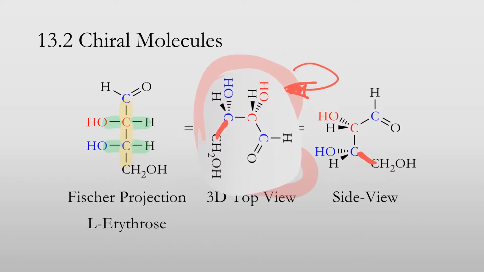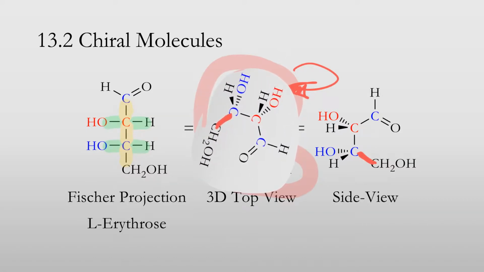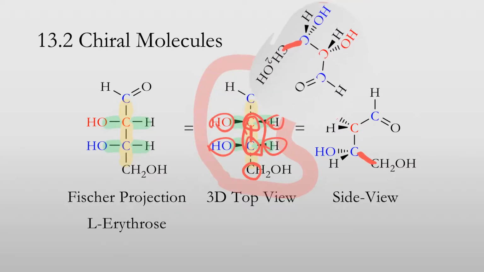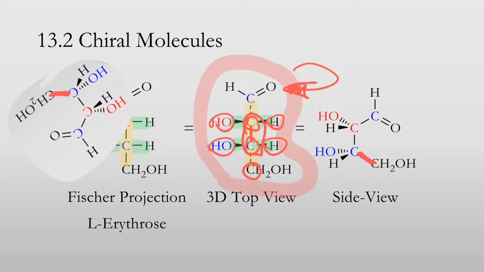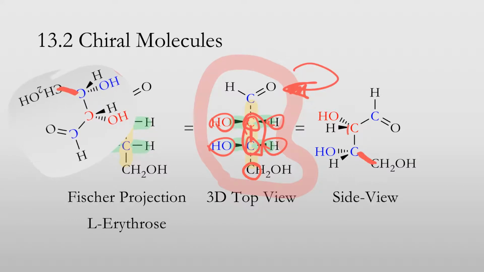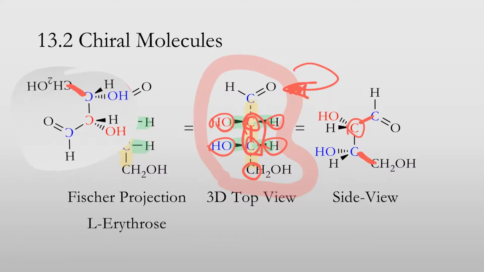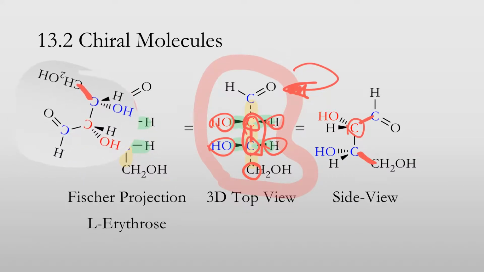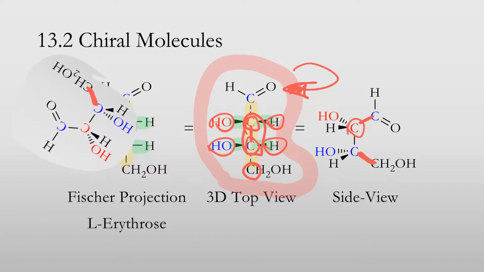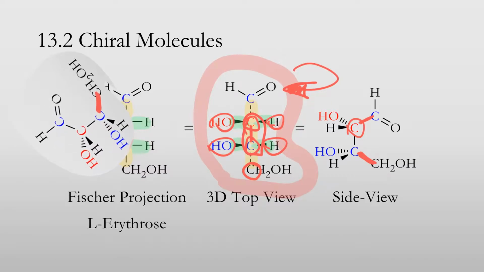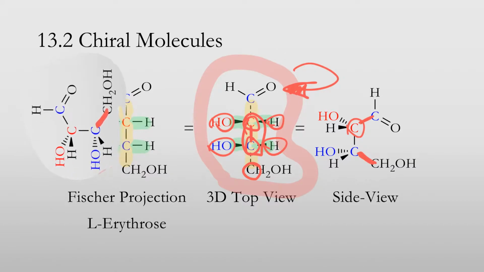So it is behind it, okay? And then looking at this carbon and the bond there, the blue carbon is definitely behind it, and so on and so forth. So that's exactly what is going on with these Fischer projections.